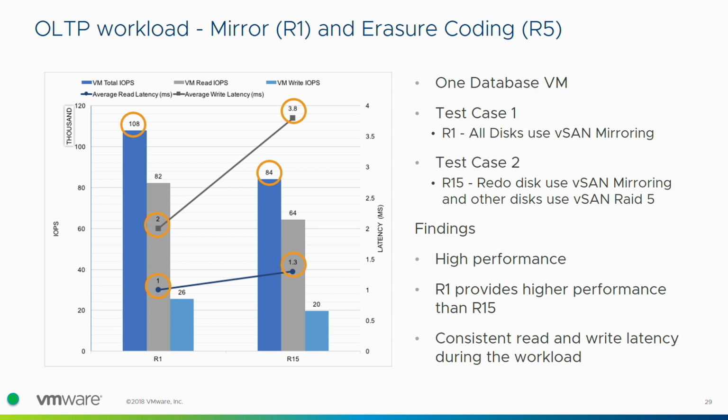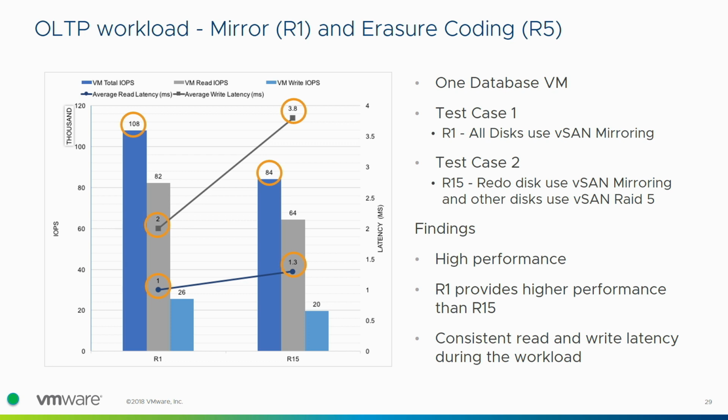Okay, so on the left-hand side, you can see here is a graph, and this is R1, R15. If we just compare from the latency perspective, you can see from the read latency perspective, R15 definitely has way higher latency, 3.8 milliseconds versus 2 milliseconds, right?